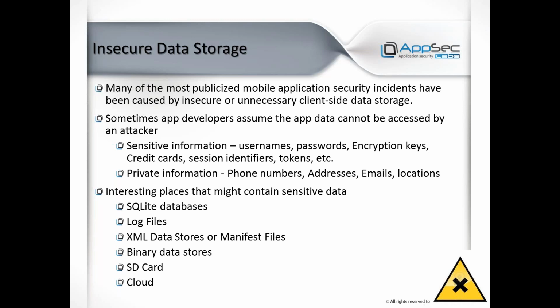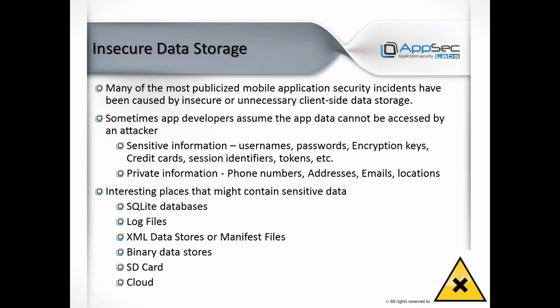So the app is storing lots of information: usernames and passwords, encryption keys, credit cards, session tokens, and so on. We are talking about PII, private information. Sometimes we're talking about PHI, which is health-related information, and sometimes geolocation, like the location where the user was using the app. And this is quite sensitive.